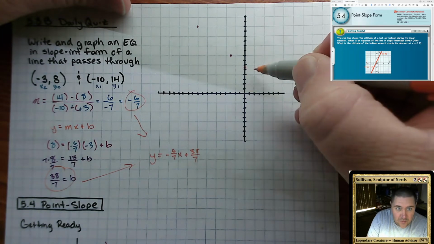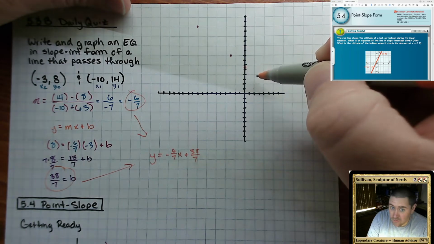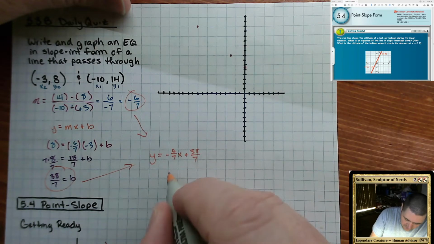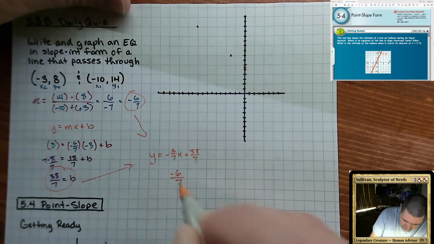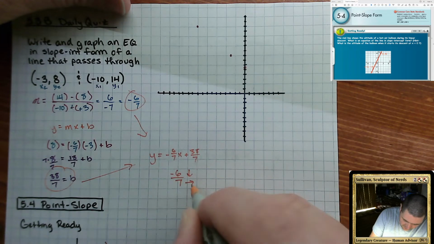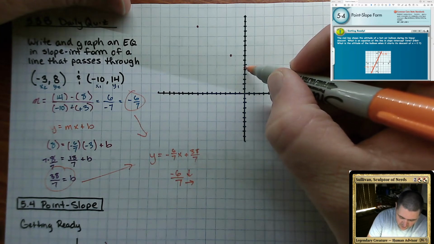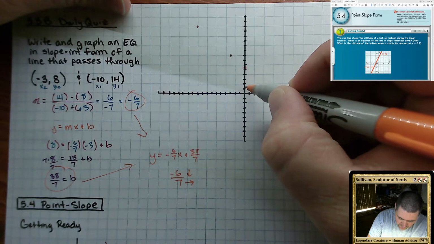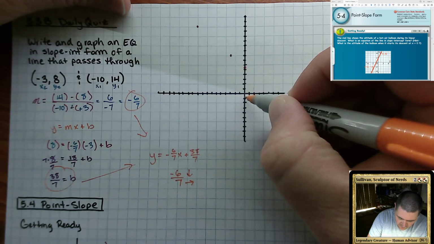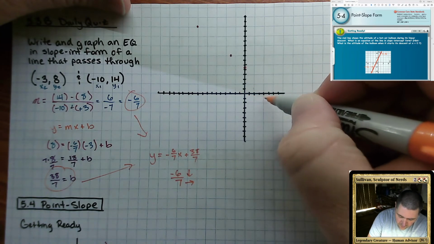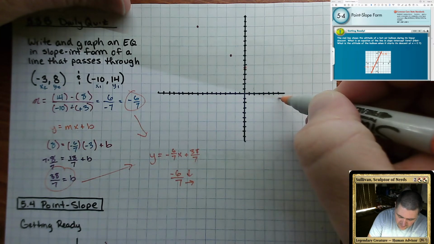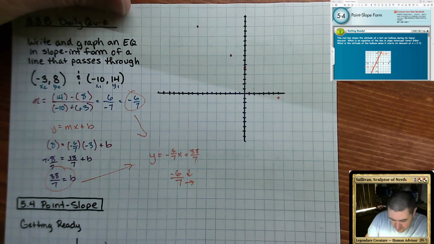You see how that's pretty much in line with this? My slope of -6/7 tells me down 6, right 7. So from here, down 1, 2, 3, 4, 5, 6, right 1, 2, 3, 4, 5, 6, 7. Sure looks like it's on the line to me.